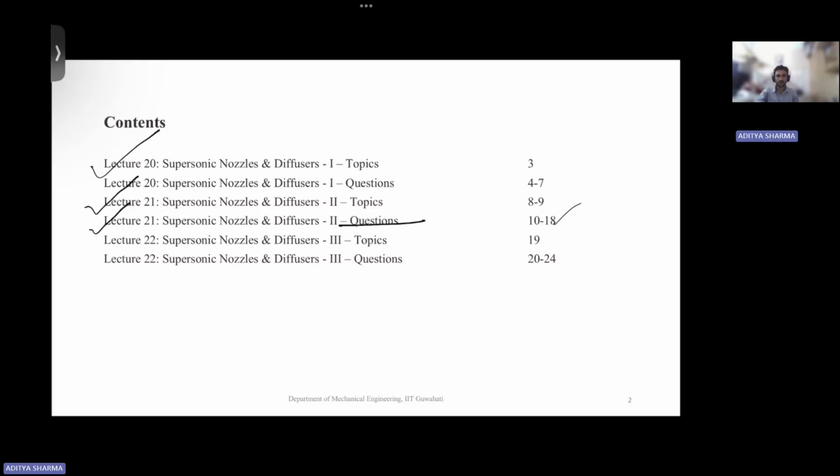After that, the last lecture is on diffusers. So let's start.